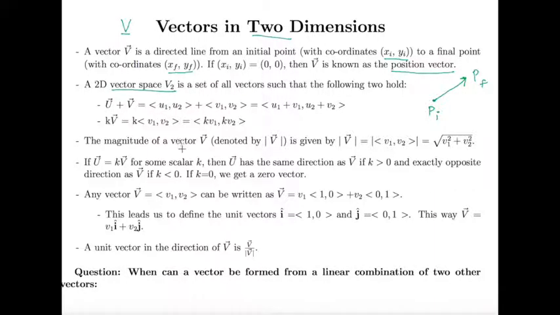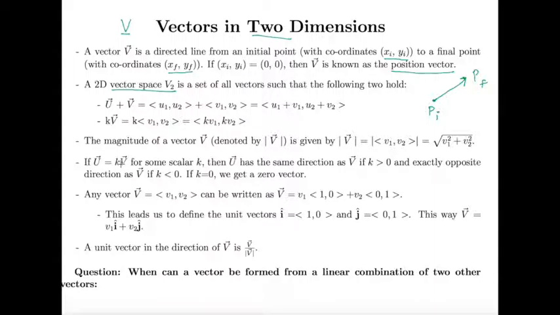Okay, and then another simple definition is that the magnitude of the vector is given by the x component squared plus the y component squared, and then the square root. Now if you multiply a vector by a scalar, then its direction does not change unless that scalar is 0.